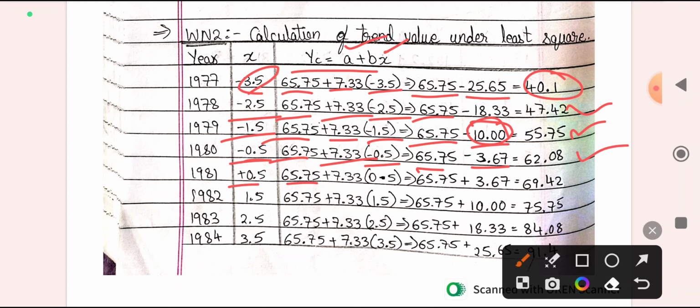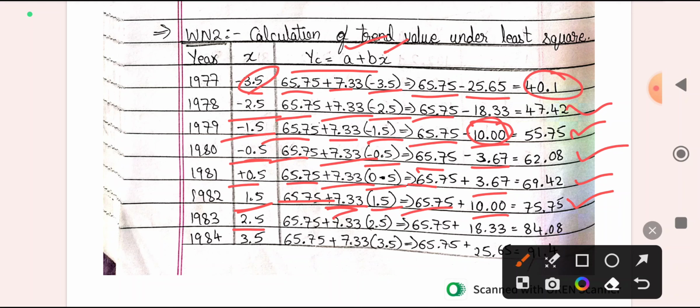Then 0.5: 65.75 plus 7.33 into 0.5, here we will get plus values, so 65.75 plus 3.67, it is around 69.42. Then 65.75 plus 7.33 into 1.5, 1.5 into 7.33 we are getting 11, so 65.75 plus 10, it is about 75.75.